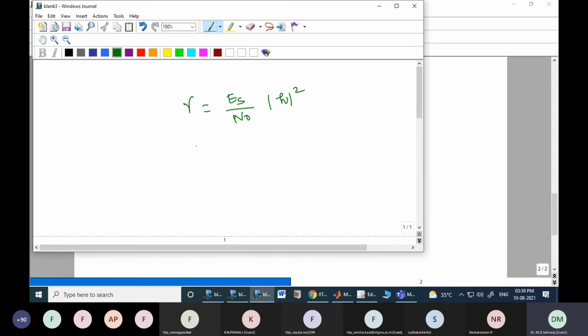ES is equal to 1, N naught is equal to 1 divided by average SNR.